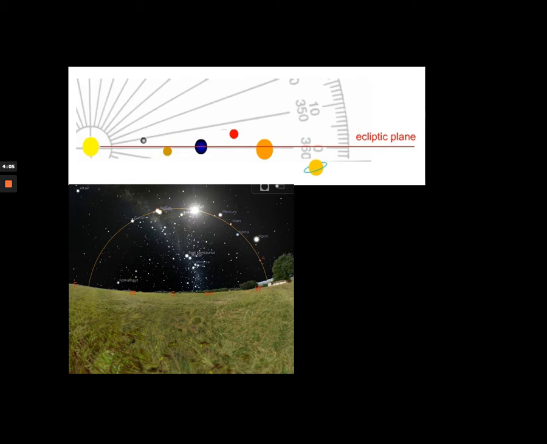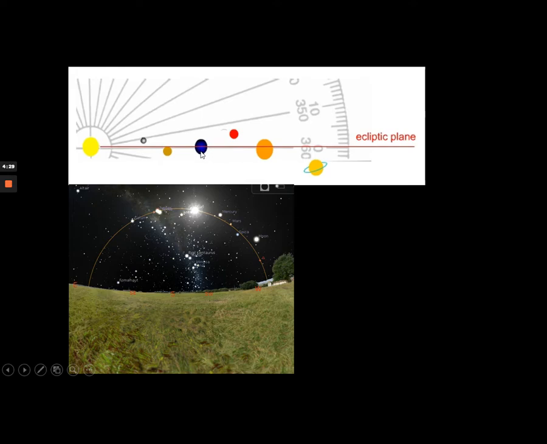Okay, next is this important idea of the ecliptic plane. The ecliptic plane is the imaginary line drawn from the Earth to the Sun, and then you carry it on either side, and that's the ecliptic line or the ecliptic plane. Now, while no planet other than the Earth is exactly on it, they're all pretty close to it.